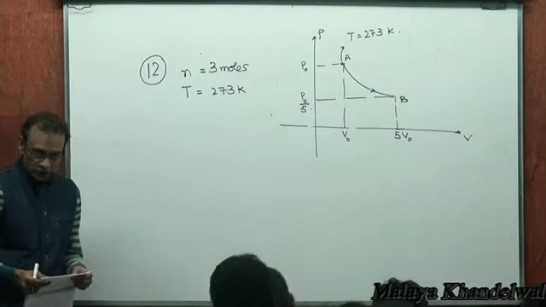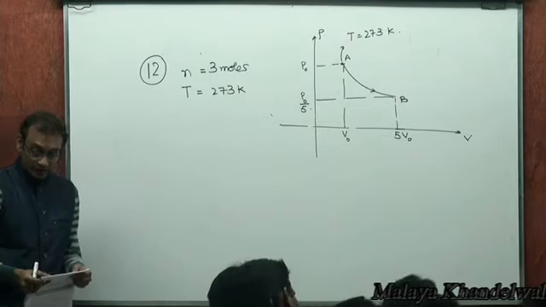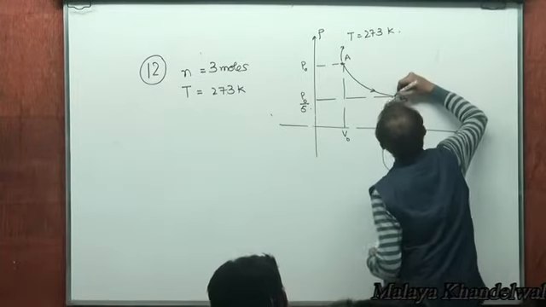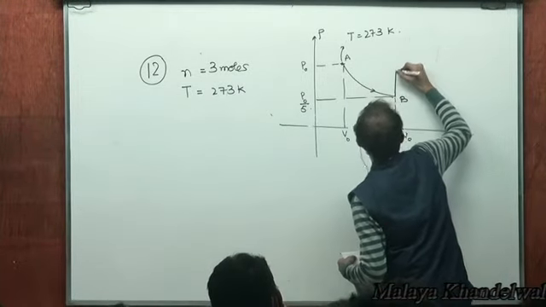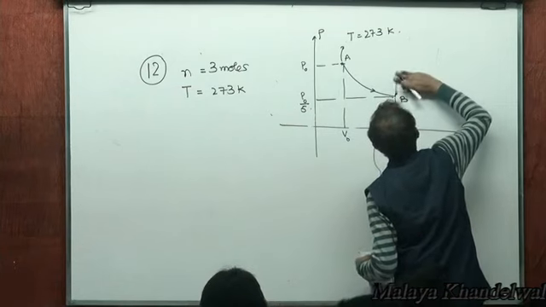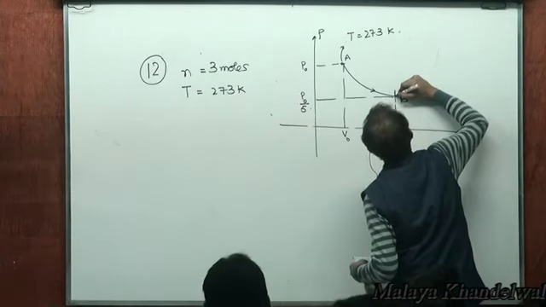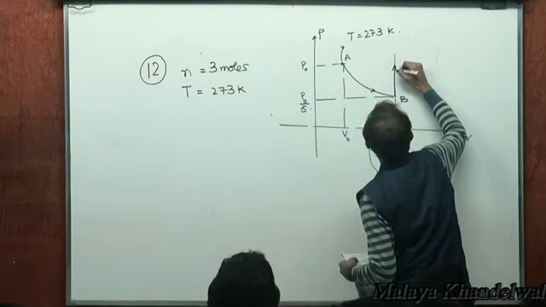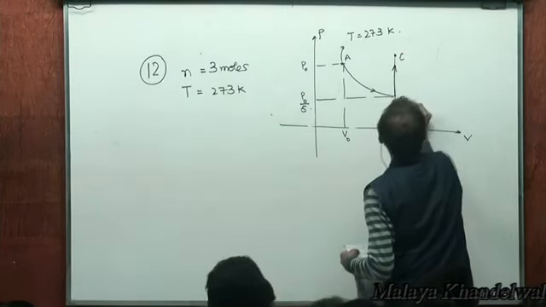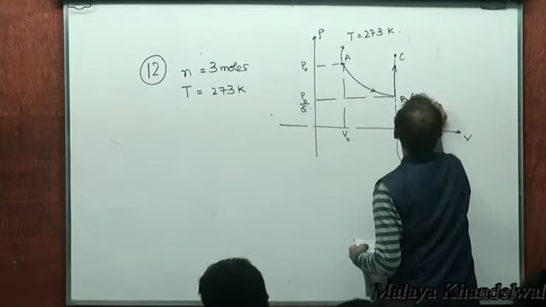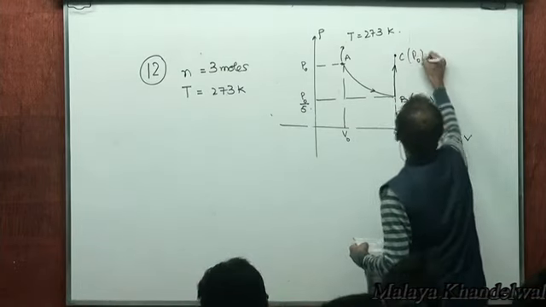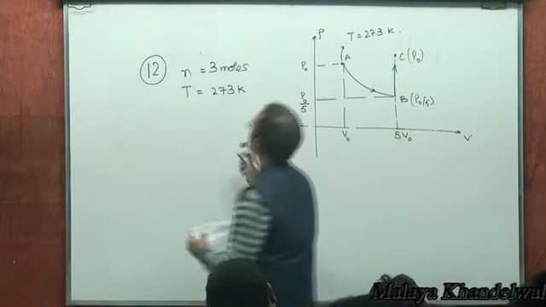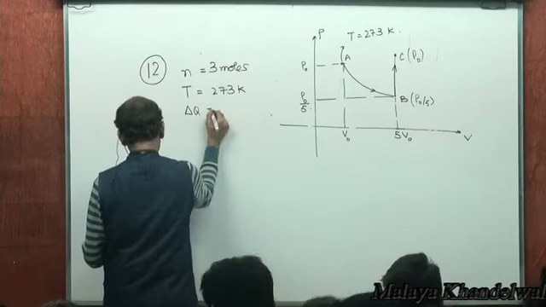If it's then heated at constant volume till the final pressure becomes equal to its initial value, to restore the pressure from P naught by 5 to P naught at constant volume, and the total heat transferred in the process is 80 kilojoules.